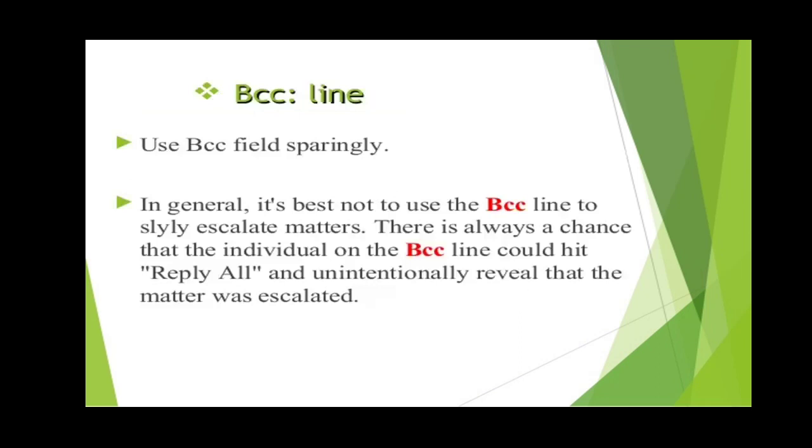The next one is the blind carbon copy. Its short form is BCC. If you are giving email IDs in this line, only those persons can see the email. Others can't see whether the mail is sent to them or not. For example, if my teacher is sending me a mail, only I can read it.